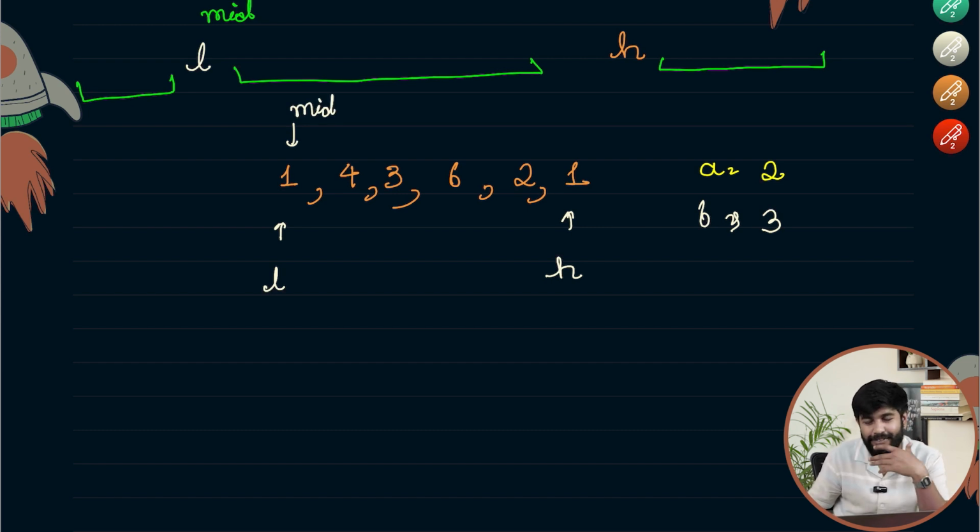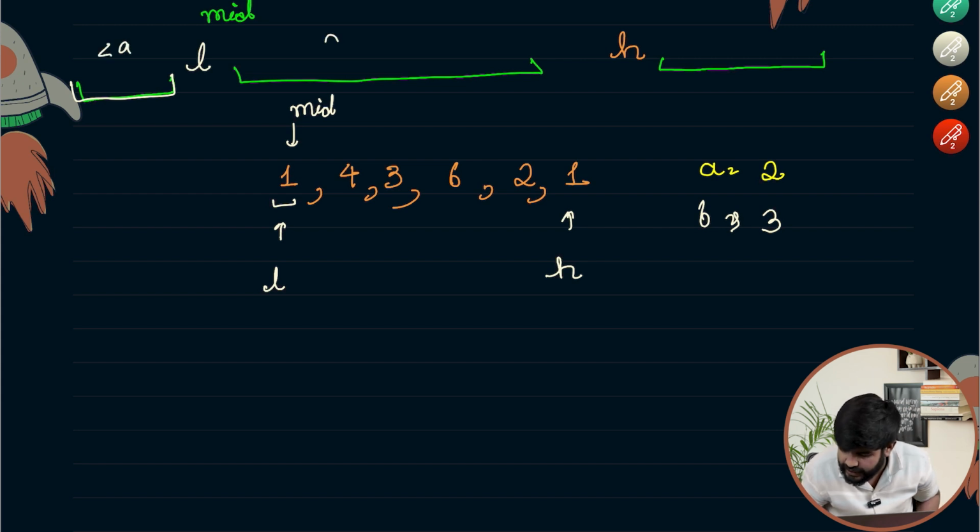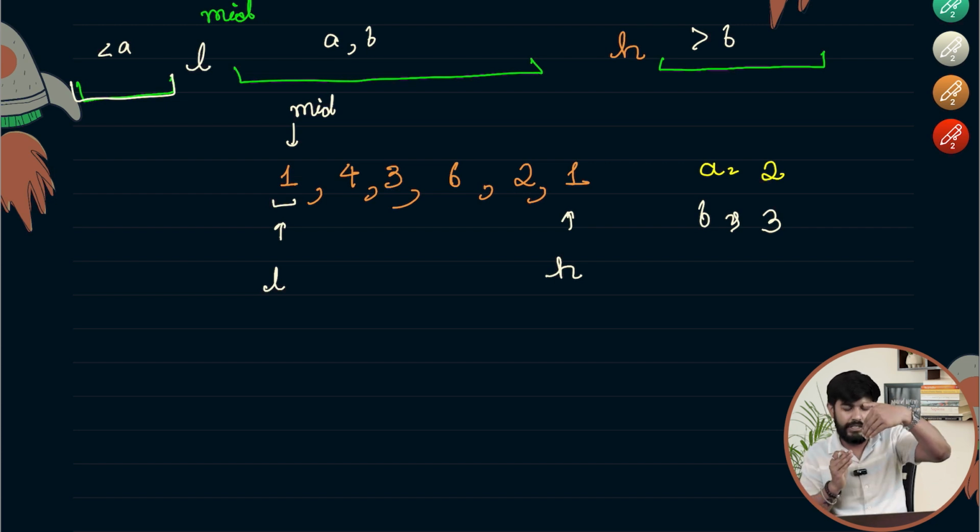What would happen? So see, the very first value, that is 1, is less than A, so its position should be before low. All the values which are less than A should be before low. This is less than A, this is A to B, and this is greater than B. So if the value is 1, it should be before low. So we would simply swap the values of low and mid, as they both point to the same thing.